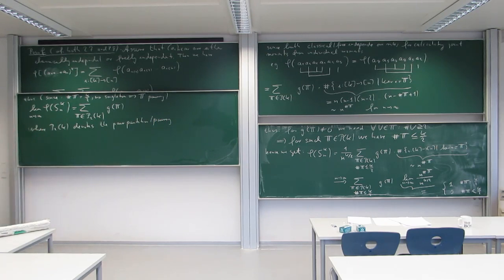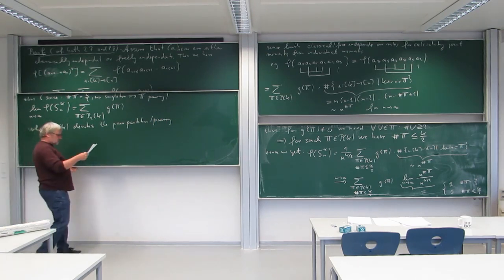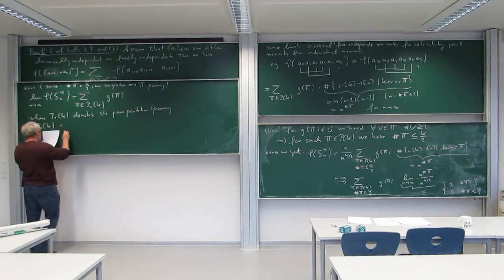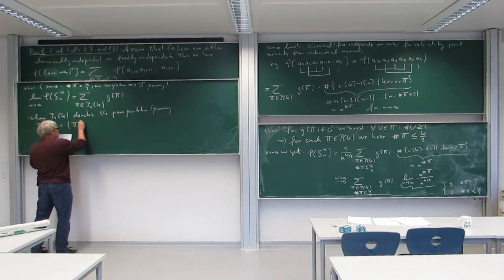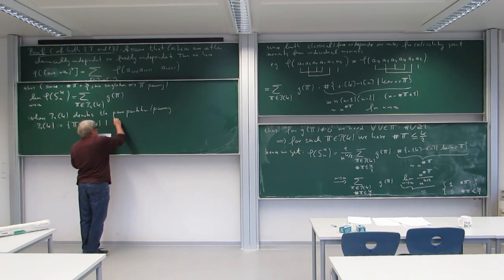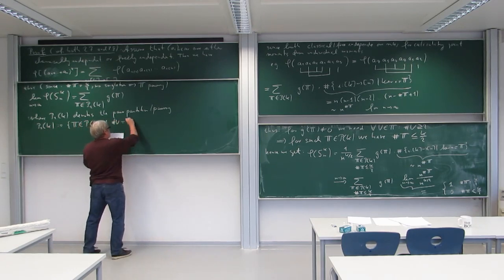Essentially I'm pairing 2 elements in each block. So P2(k) by definition is the set of partitions of k where the size of each block is 2.